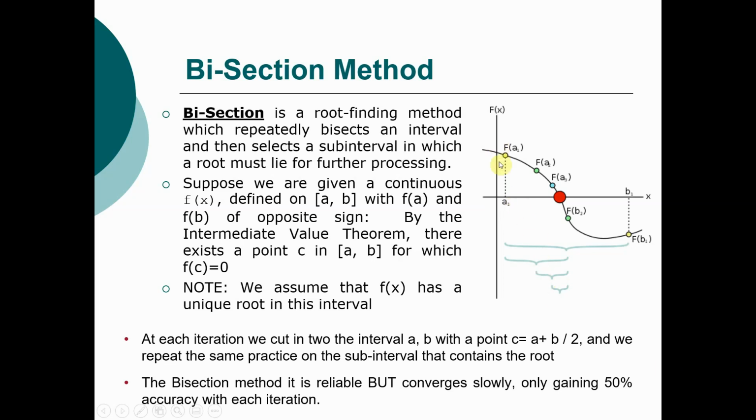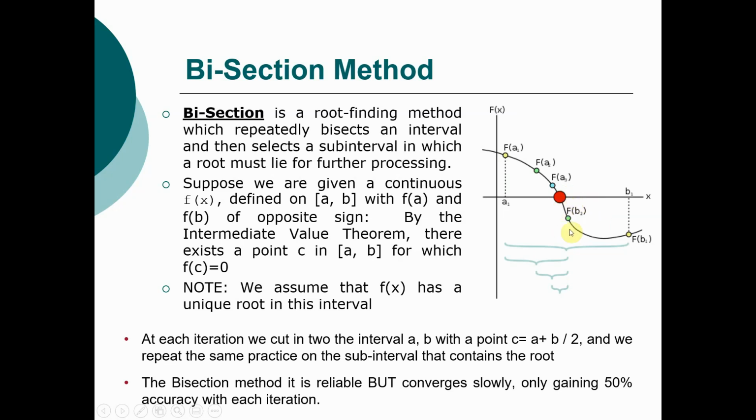We know that there is a root between a1 and b1, right? Using the bisection method, bi means two, so we divide this interval into two sub-intervals. We calculate f of the midpoint. Let's call the midpoint b2.